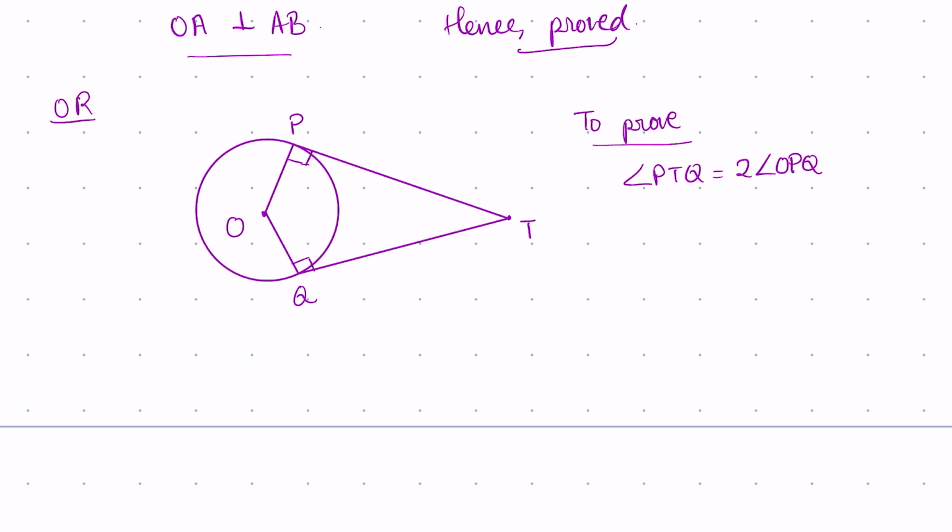What is PTQ? PTQ is this angle right there. That's twice OPQ. What is OPQ? Let's connect this. That's some angle, let's call it x. So PTQ is twice OPQ.